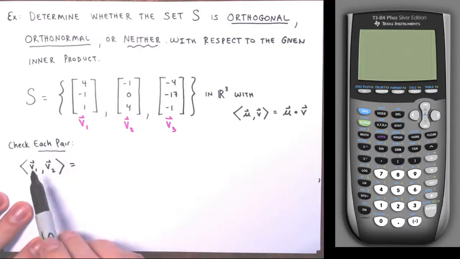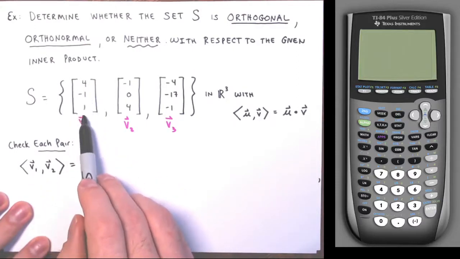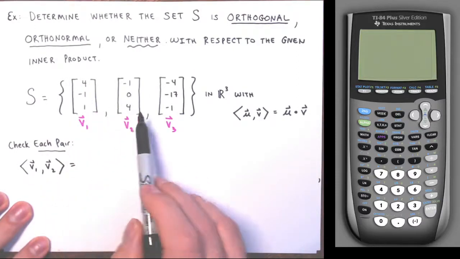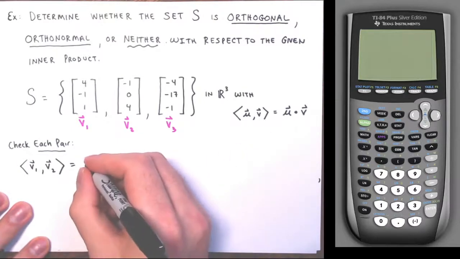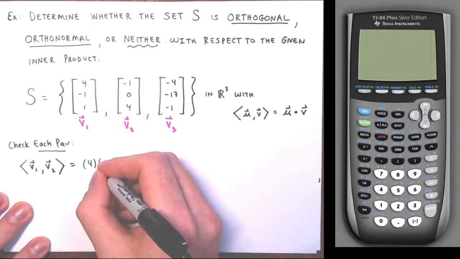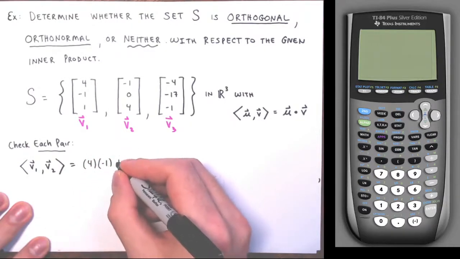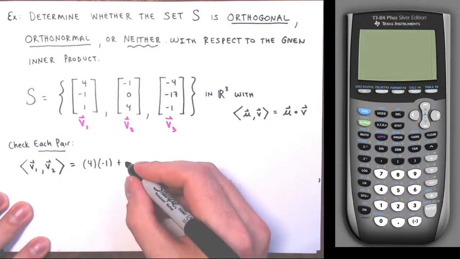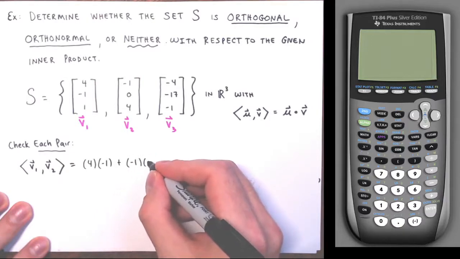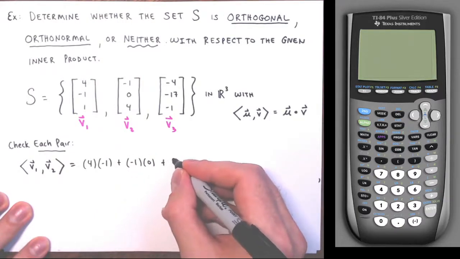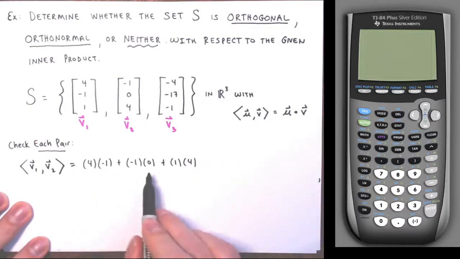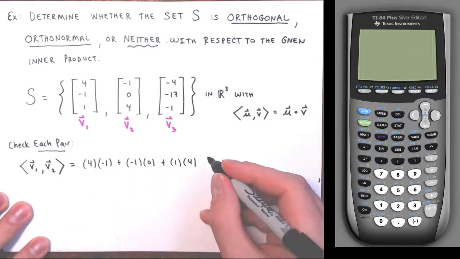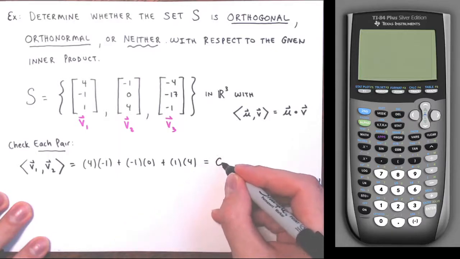All right. So v1 was this vector here, v2 was this vector here, and the dot product is simple. Just multiply corresponding components and add those products. So 4 times negative 1, the product of the first components of v1 and v2, plus negative 1 times 0, plus 1 times 4, and that's negative 4 plus 0 plus positive 4, that is 0.